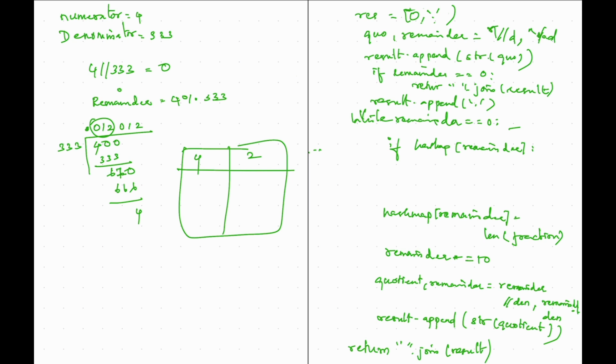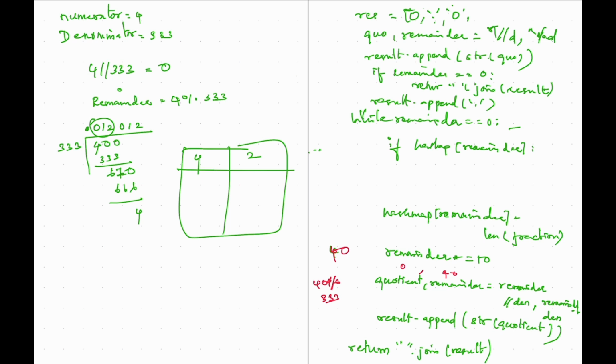Next, the remainder will get updated to 40. The quotient is still 0, since 40 divided by 333 gives you 0 only, and the remainder will be 40 again. 40 mod 333 is 40, right? So now the quotient again gets appended, 0 comma 0, in the result.